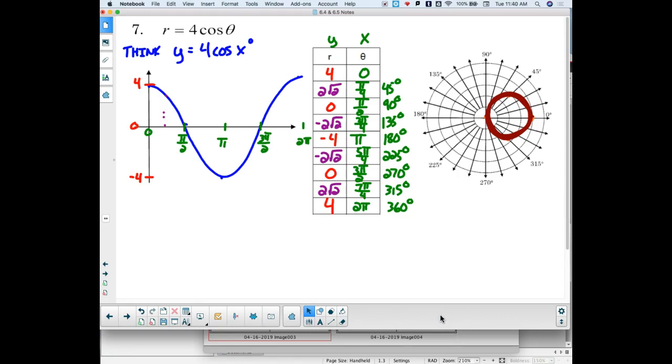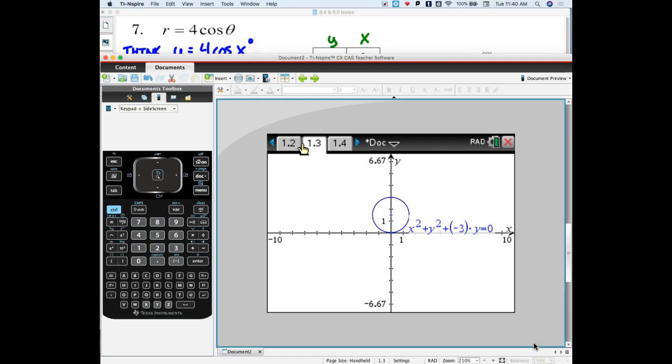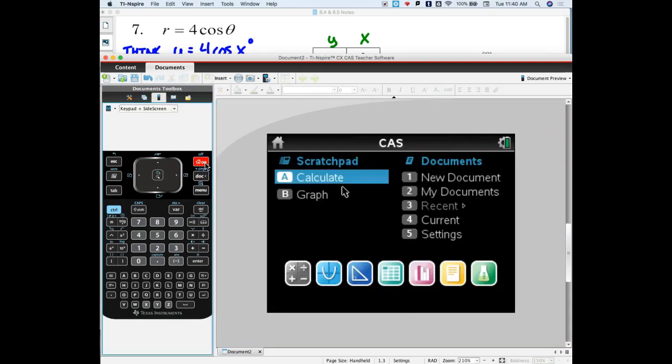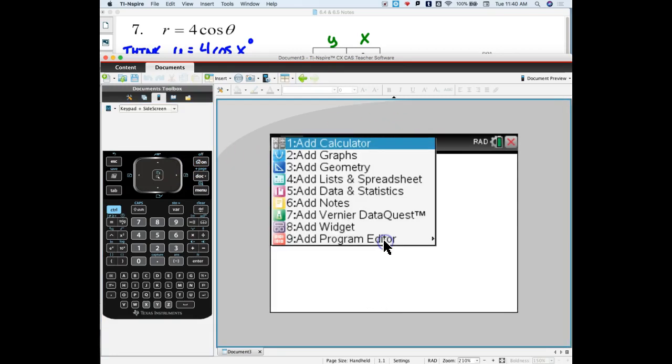Let's go to the graphing calculators now. And what I would like you to do is start a new document. So double tap the on, new document, not saving anything. Okay? And what I want to do is graph cosine of theta, and also fill in the chart, or show you how to fill in the chart.